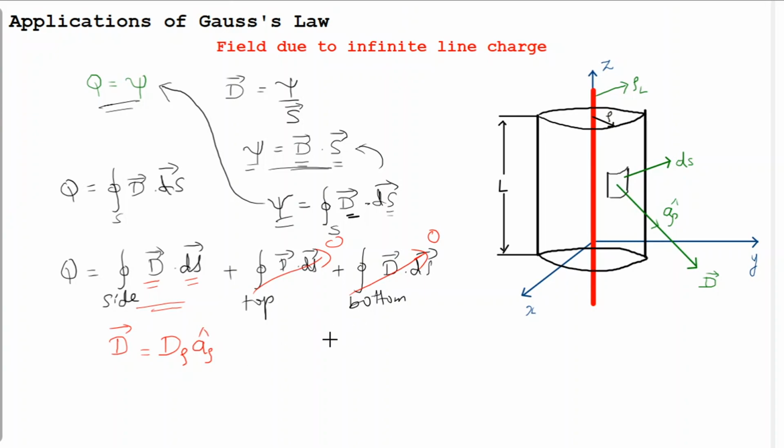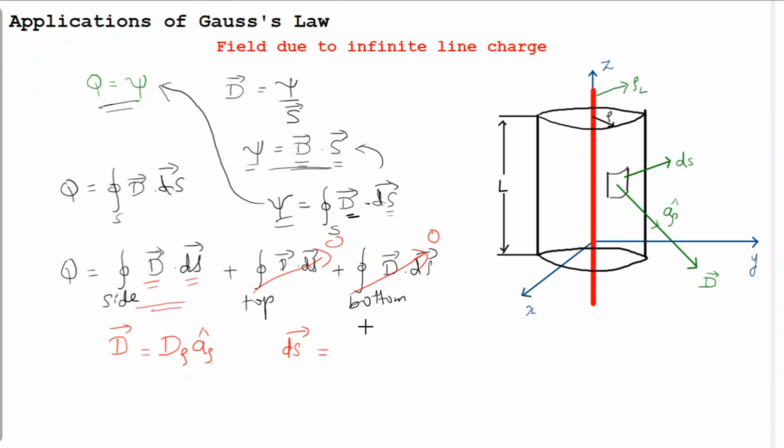Is that fine? Okay. Now about dS. What is dS? In the cylindrical coordinate system, because I am using the cylindrical coordinate system to derive this, I have to measure the surface area in the a rho cap direction.